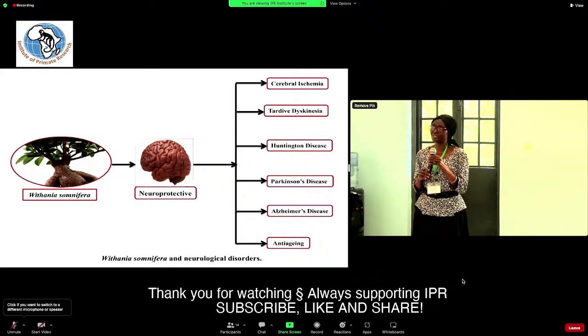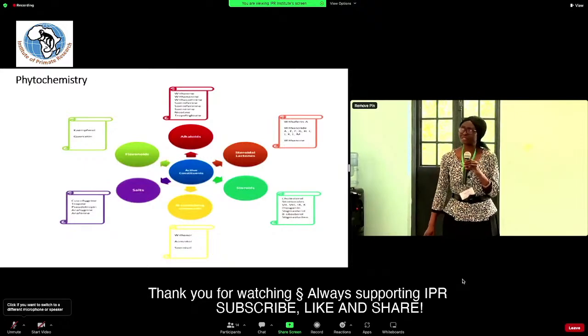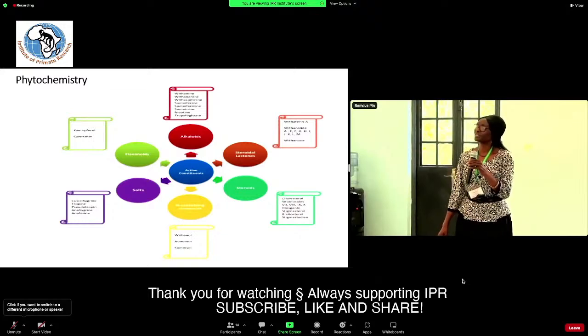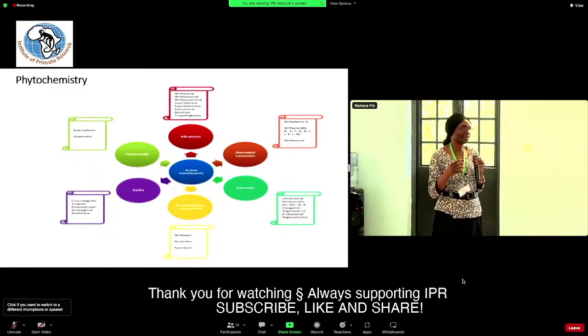Next. So its phytochemistry. As you can see, I don't know if it is clear, but it contains quite a wide array of active principles.